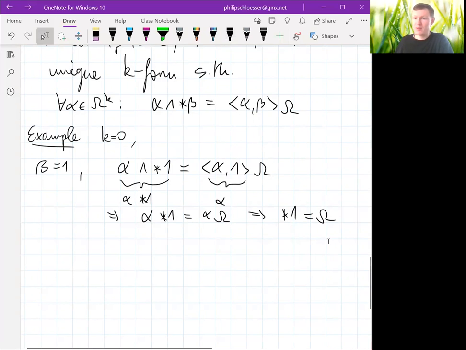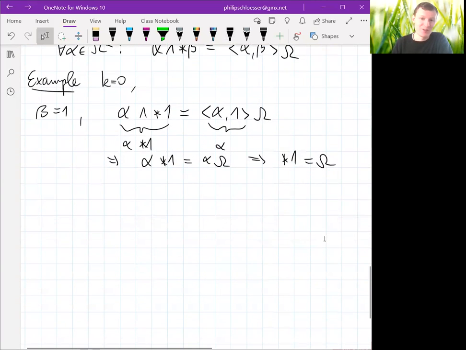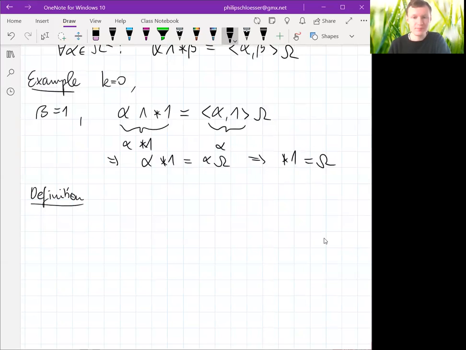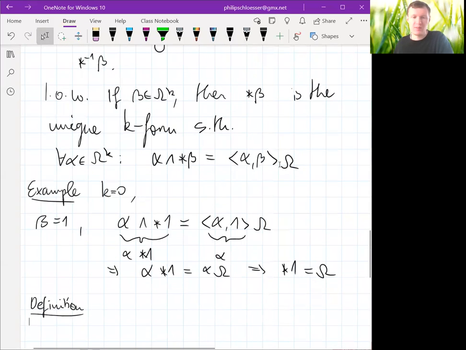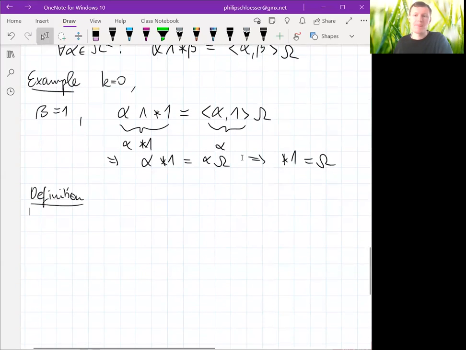For example, if you want to do functional analysis on manifolds, which I suppose is a very interesting thing, then you might still want to define some kind of scalar product. And well, what can you do? We have somehow made this into n forms. And what can you do with n forms? You can integrate them.